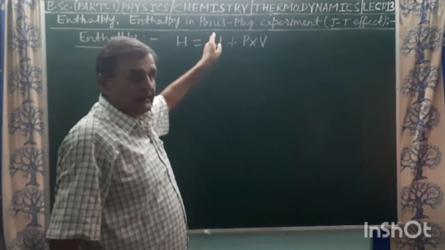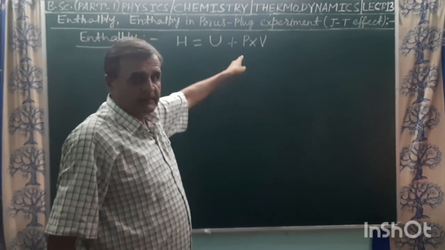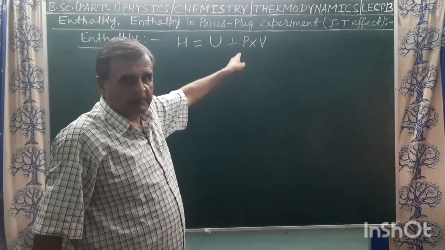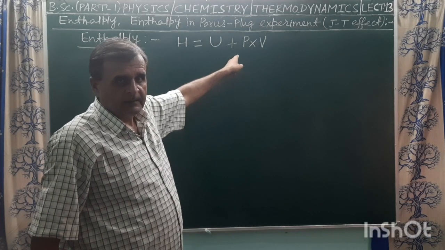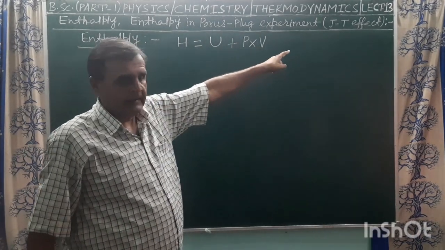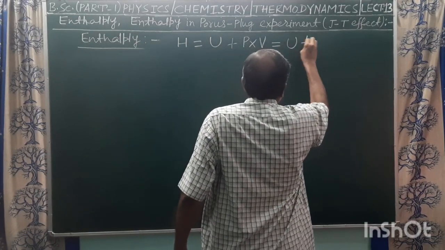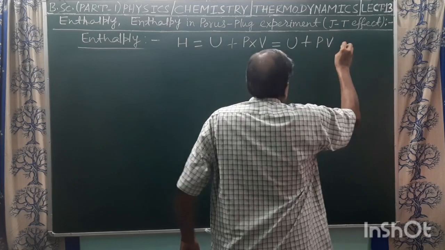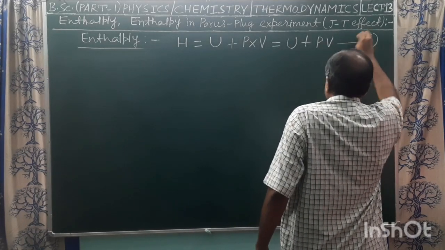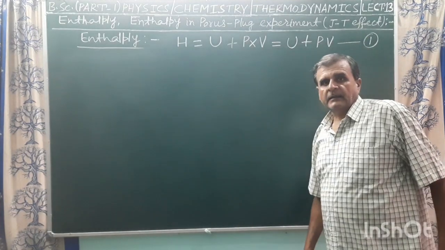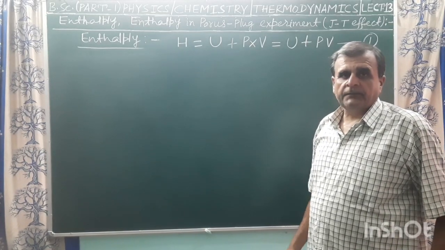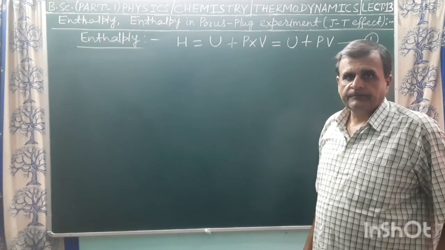Capital H is equal to internal energy U plus pressure of the gas multiplied by volume of the gas, that is, H is equal to U plus PV. Suppose it is equation number 1, and it is the mathematical definition of enthalpy.